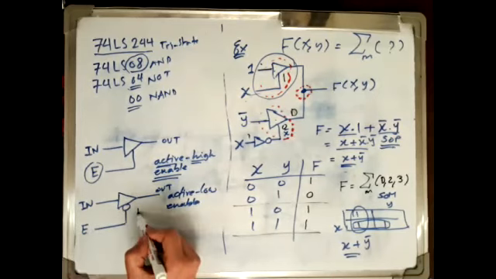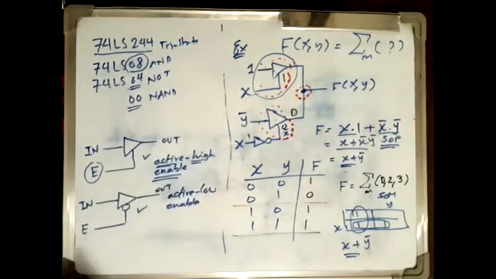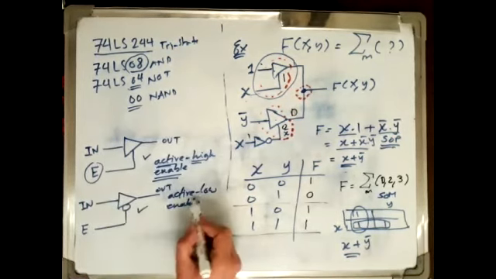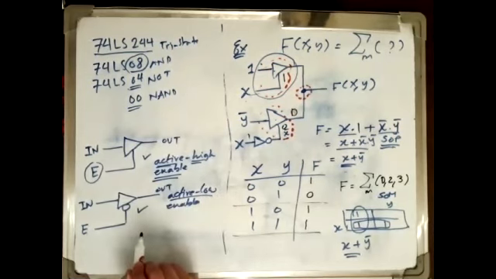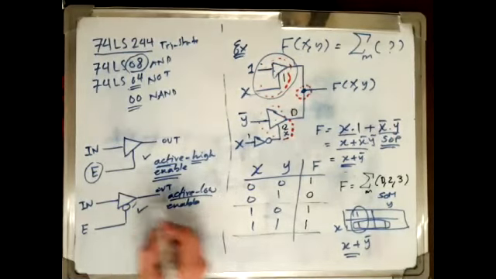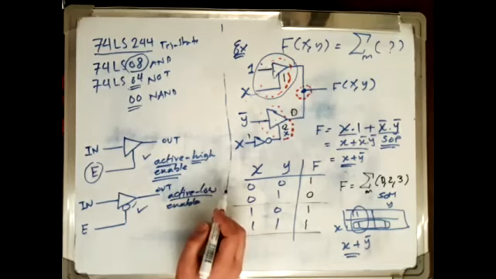This is very common. It is actually more common than the other configuration. Usually the enable input is active low. What do we mean by active low? It activates this circuit when its value is low, in other words, 0.